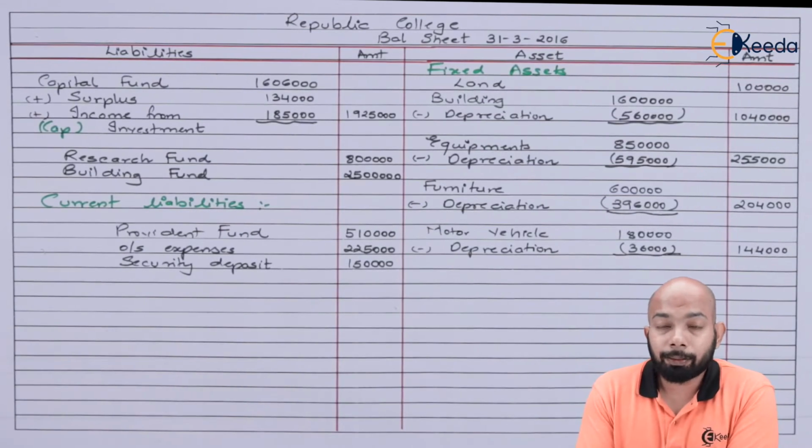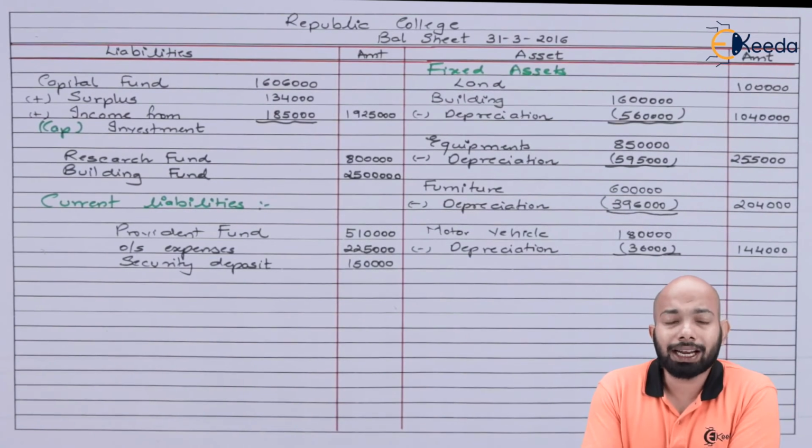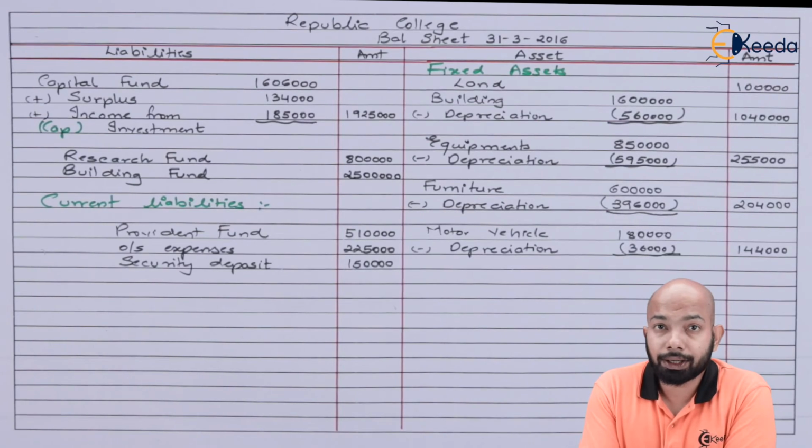So all the assets have been mentioned. Now there is one more asset we can mention, that is the library.